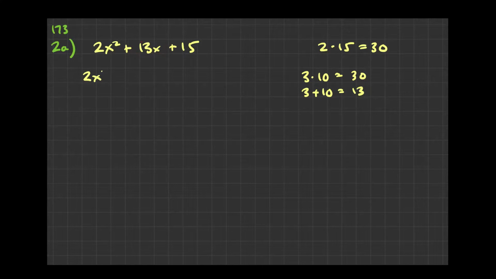So I've got 2x squared plus 3x plus 10x plus 15. So you just split up that middle term. And now what you're going to try to do is factor these two portions separately.